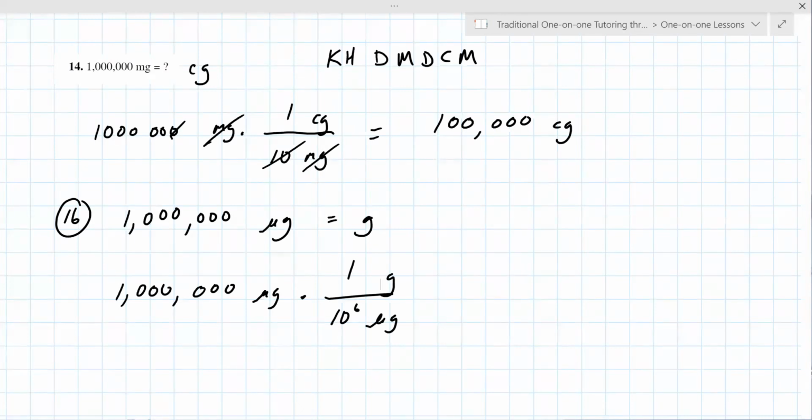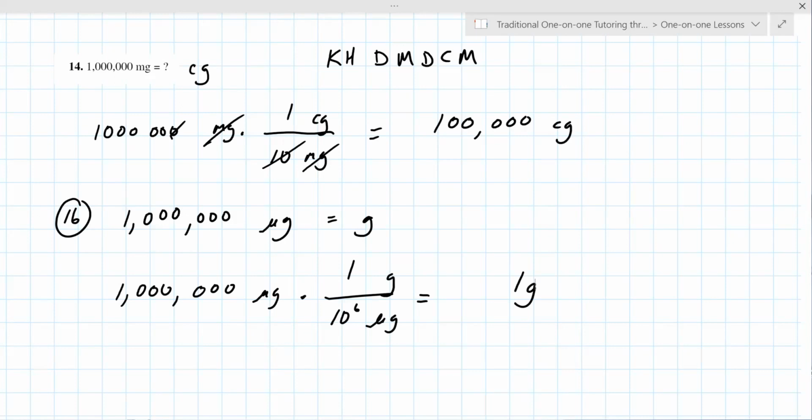Maybe not. So you're going to have to know some of these. And this is just one of them. This is also 10 to the 6th up here, so they just cancel out. It's 1 gram. Wait, there's a million micrograms in a milligram or in a gram? In a gram, yeah.